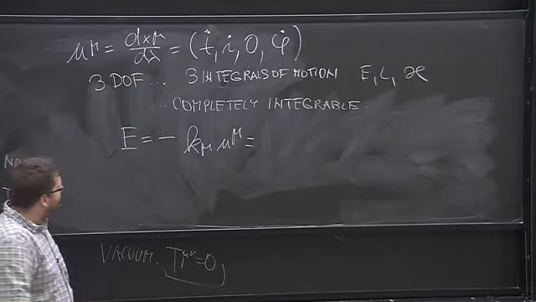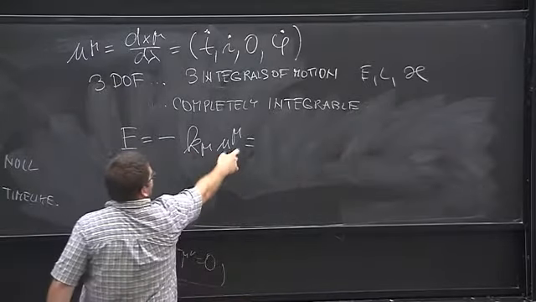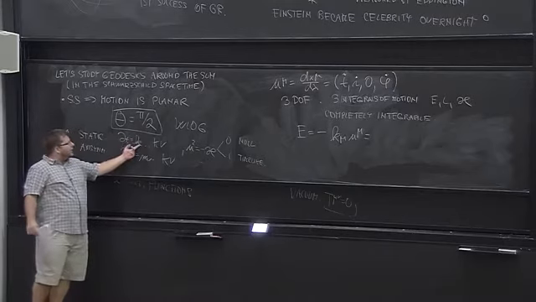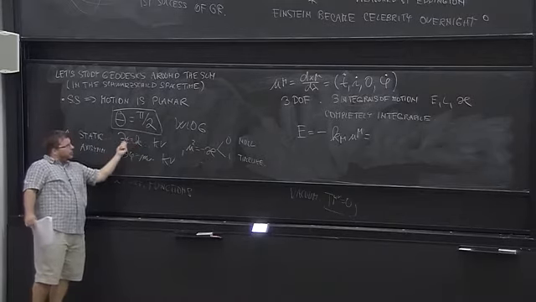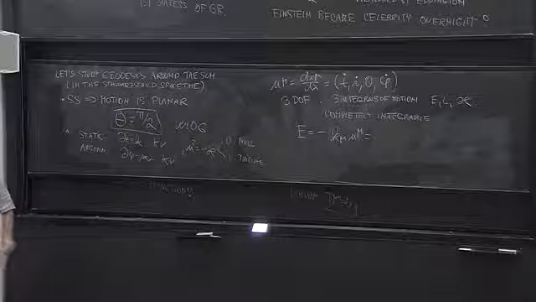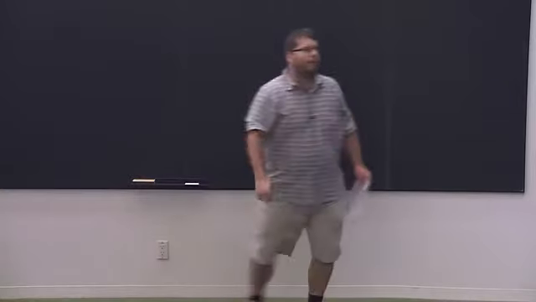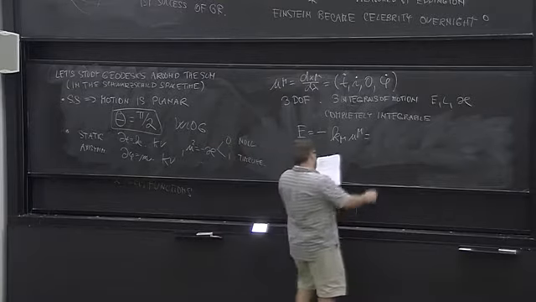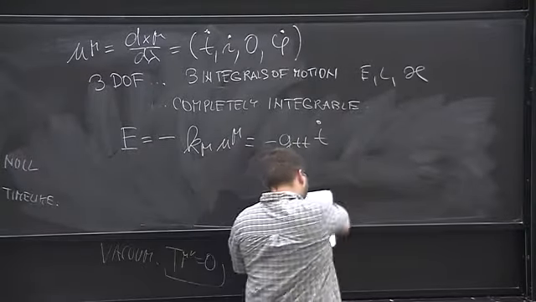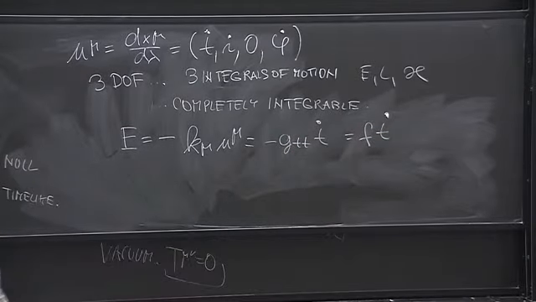Now k mu with the index up is just 1, 0, 0, 0, but I have to write the index down, so I have to lower it with the metric. I'm lowering with the g_tt component of the metric, which is minus f. So this is equal to minus g_tt t dot, and this is equal to f t dot, using the form of the Schwarzschild metric.